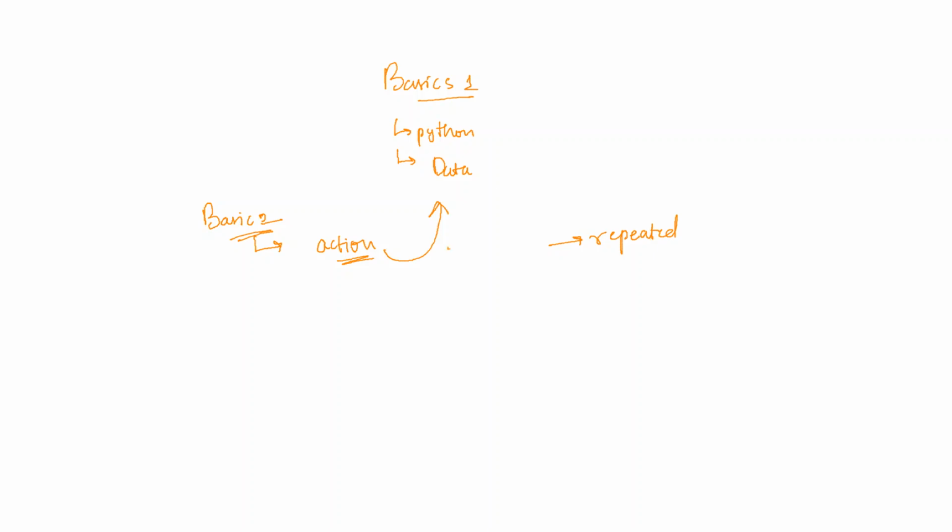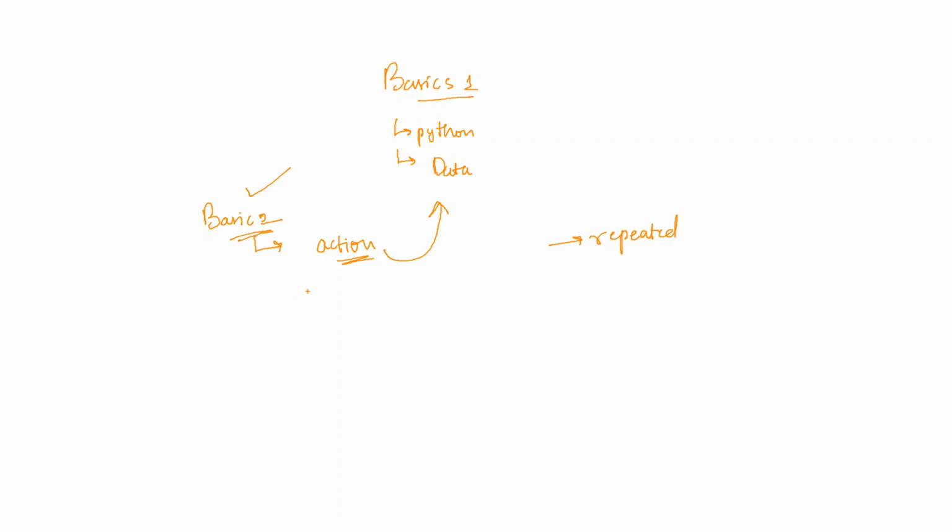So we are going to deal with the actions which we perform on different types of data types in Python basics two. Clear?